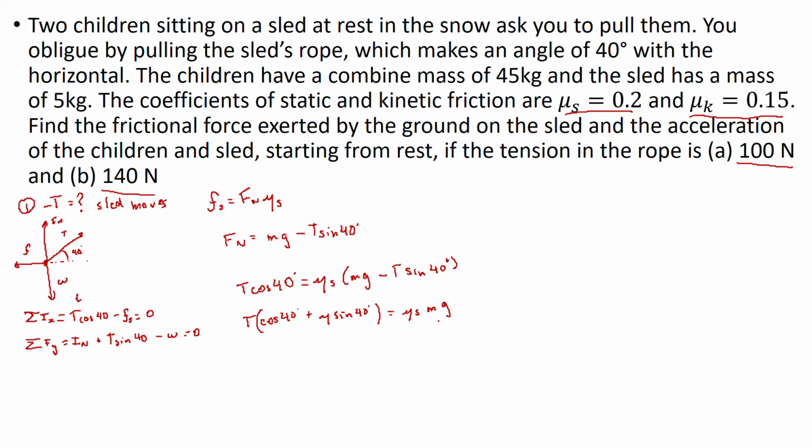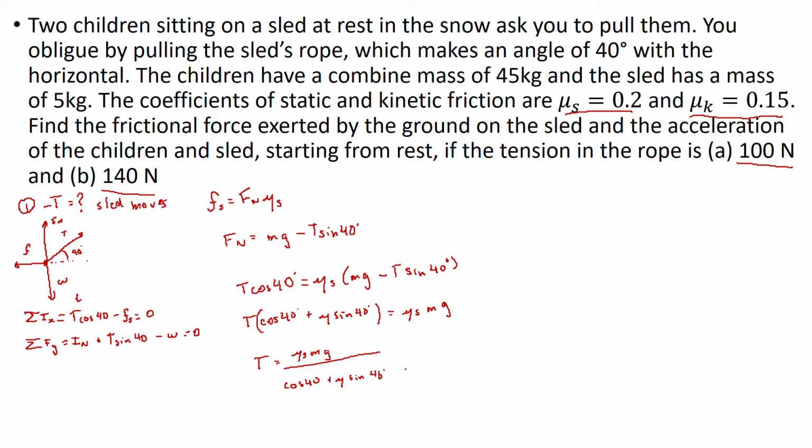So t is going to be mu s mass times gravity over the cosine of 40 plus mu s sine of 40.